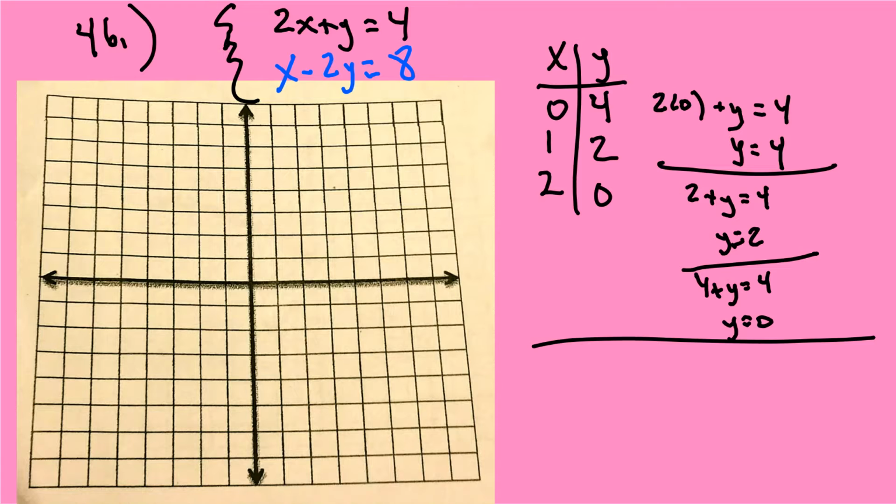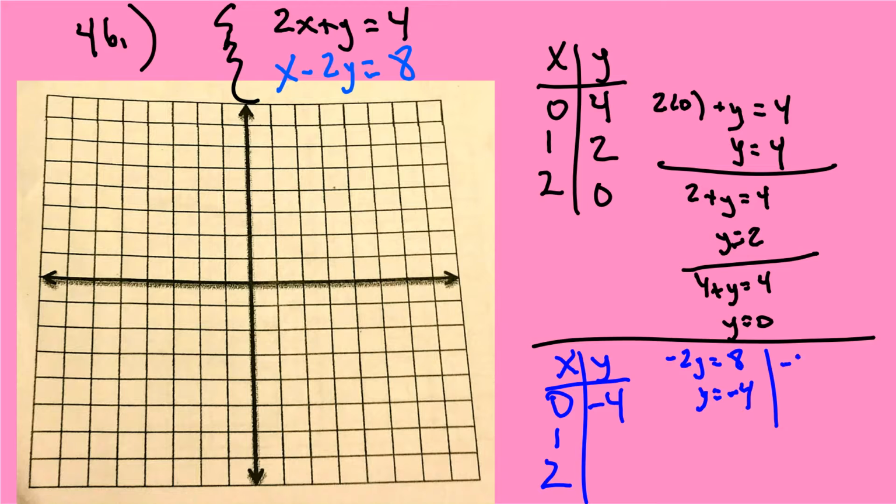Alright, now I'm going to make another XY chart. I'm going to pick the same points, 0, 1, and 2. Now I plug them in. 0 minus 2, so I get minus 2y equals 8. So y equals negative 4. Now I plug in 1, so I get 1 minus 2y equals 8.